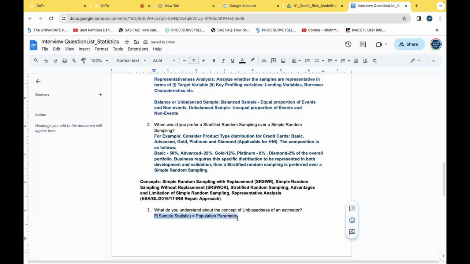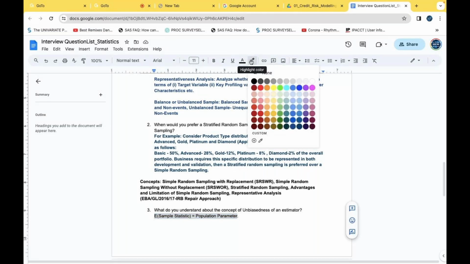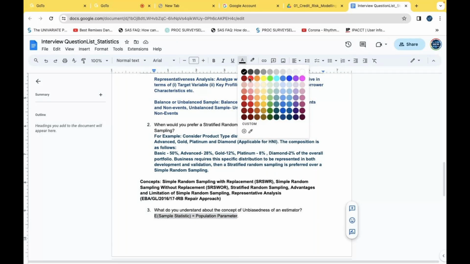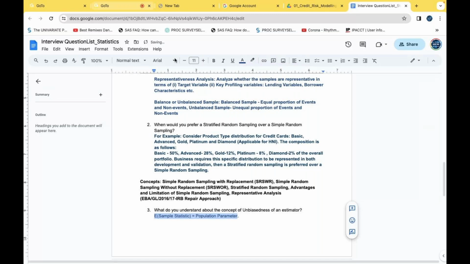Expected theta hat is equal to theta. So this is the definition of the concept of unbiasedness, and the interpretation is as we had discussed in the Excel sheet.